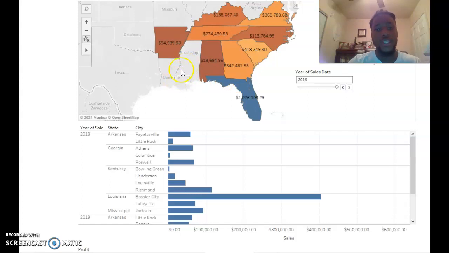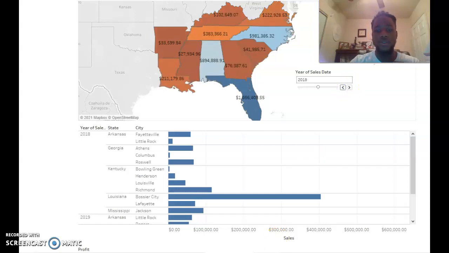So these are the states that show that electronic sales aren't that popular. These are your more rural states that don't really use technology or even have a reason to, because there's so much more land than there is a use for electronics.